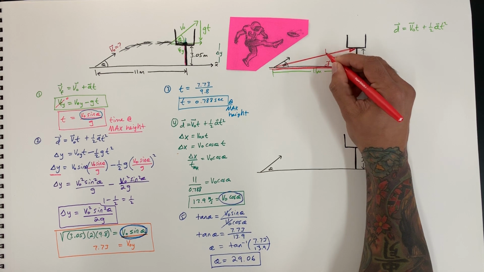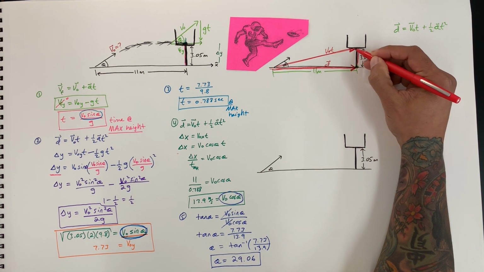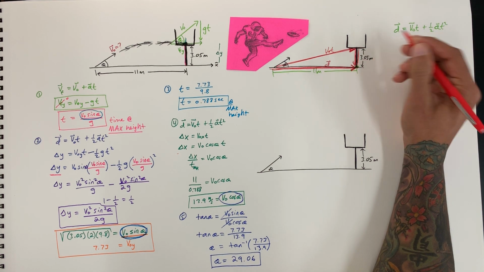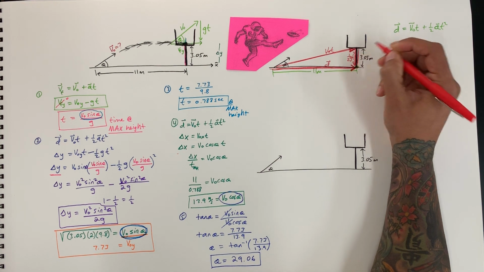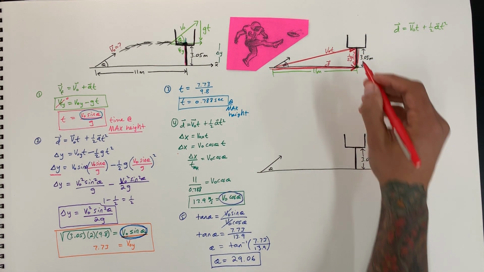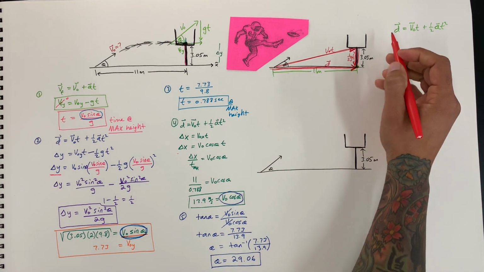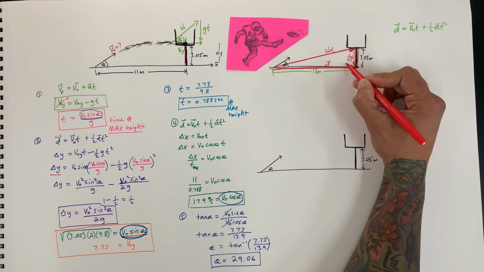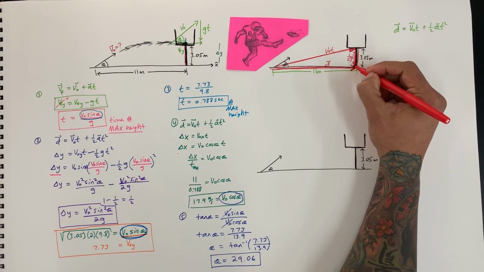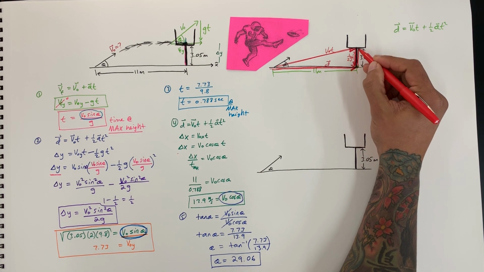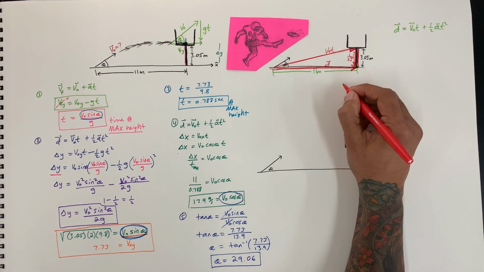Okay, velocity initial times time, and then downward always is the gravity term. So 1/2 GT squared. Okay, so just by drawing this triangle, I can see that these two things are equal to each other, right? Because the length of this vector here is the size of the goalpost, and so what I can do is set them equal to each other.